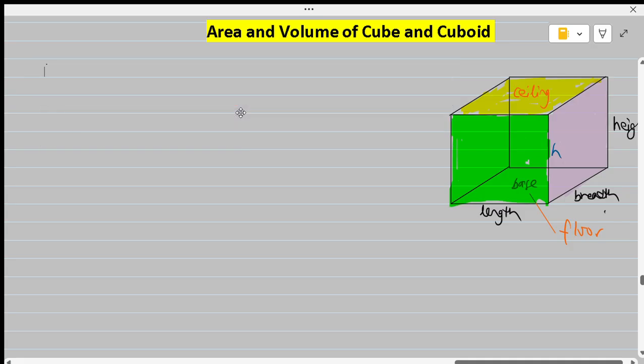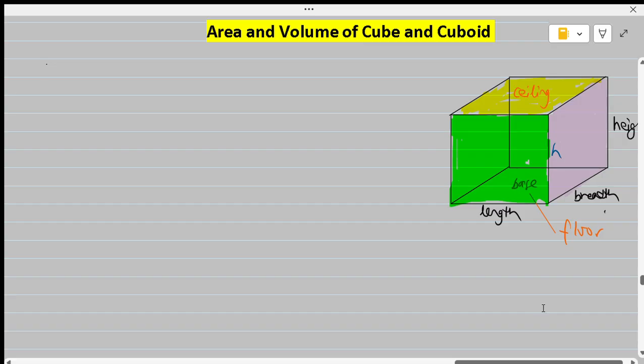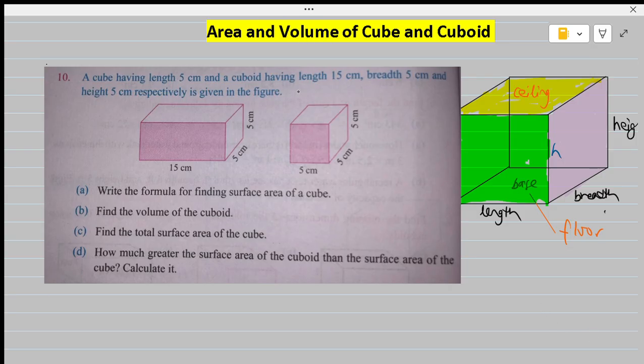Here a diagram is given. A cube having length 5 centimeter and a cuboid having length 15 centimeter, breadth 5 centimeter, and height 5 centimeter respectively are given in the figure. So one cuboid and one cube are given.